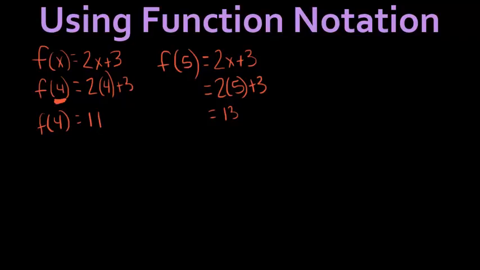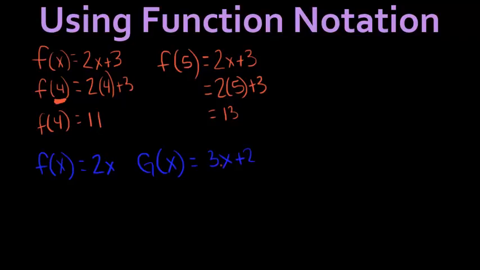Now, sometimes they will give you a problem like, let's say, okay, here is the f of x's equation. F of x is equal to 2x. And then we have the g of x, and that is equal to 3x plus 2.